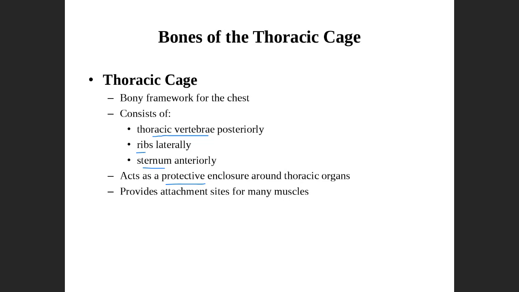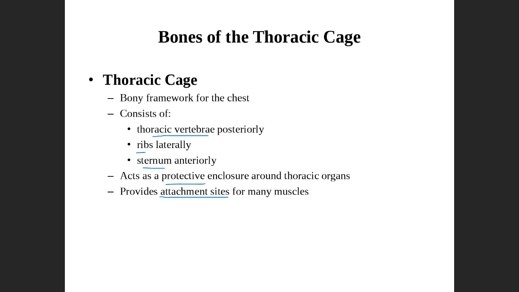Not only that, a lot of the muscles that help to manipulate your upper extremities, your chest muscles, your back muscles, attach onto the thoracic cage. So it has a protective role, but it also serves as a site of attachment for many of your muscles.